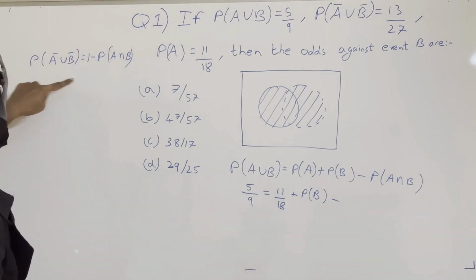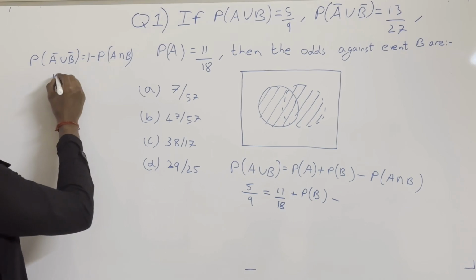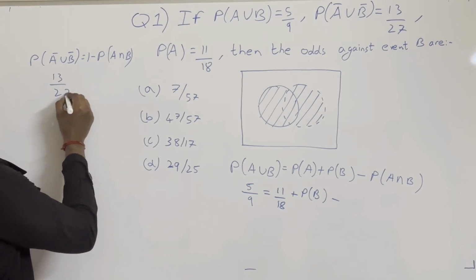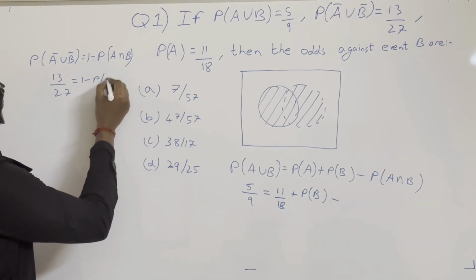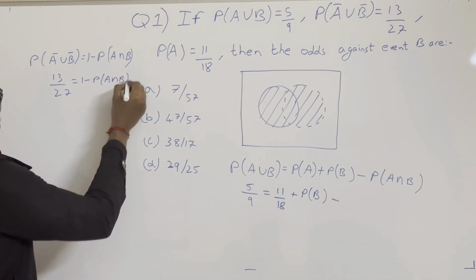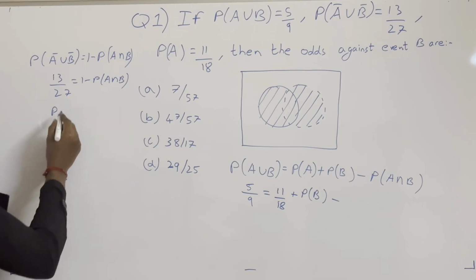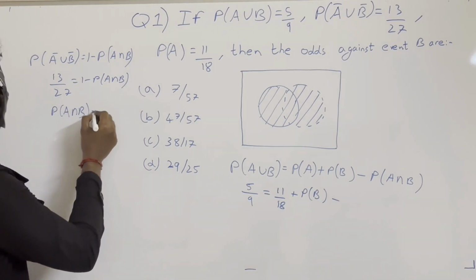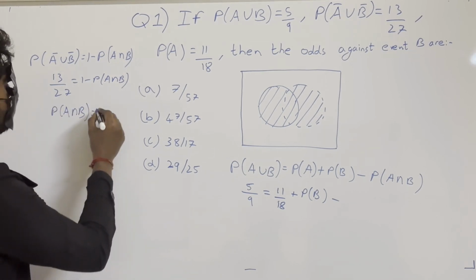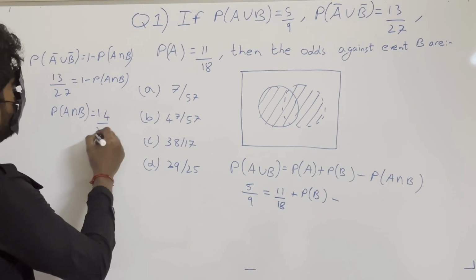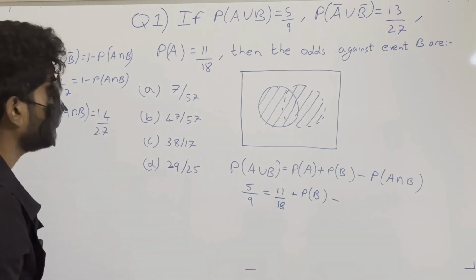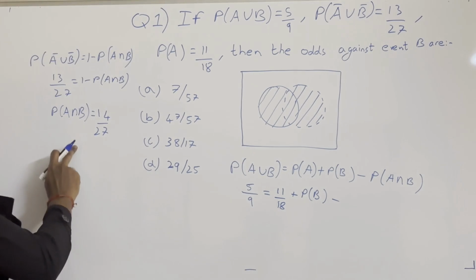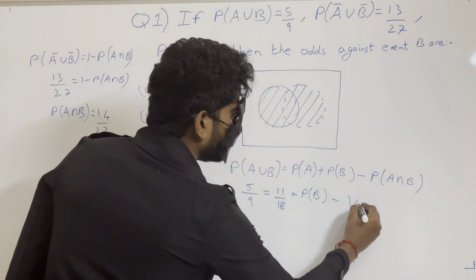We know P of A naught union P of B naught is 13 by 27, which is equal to 1 minus P of A intersection B. So from here P of A intersection B is 1 minus 13 by 27, which is 14 by 27. Now we will substitute this 14 by 27 value here, minus 14 by 27.